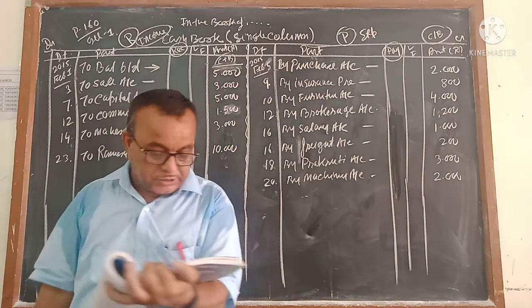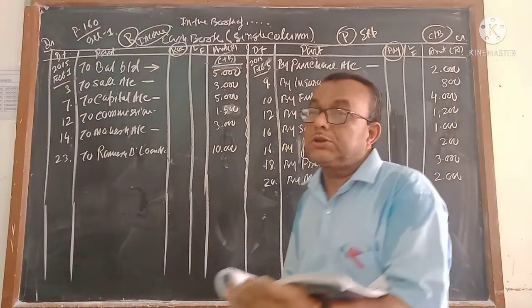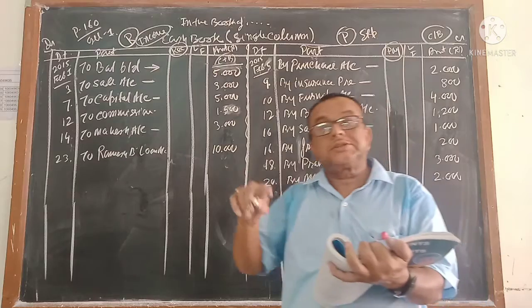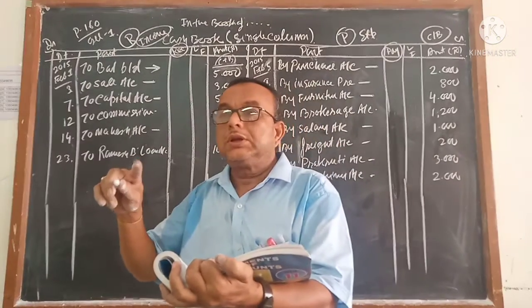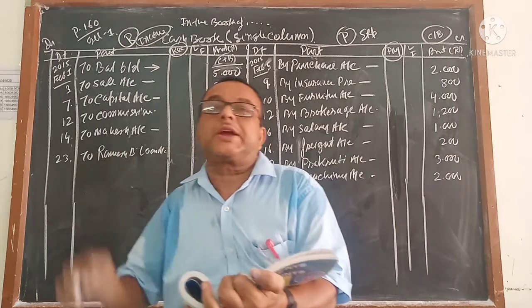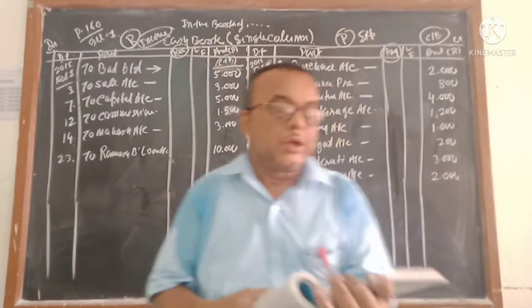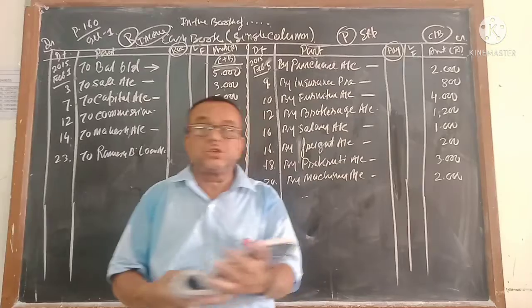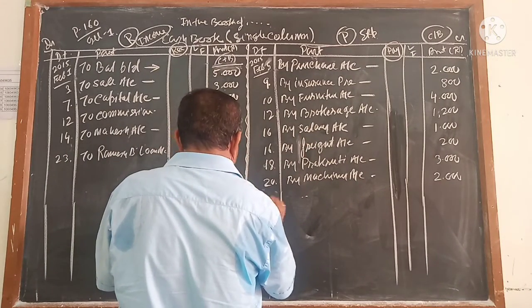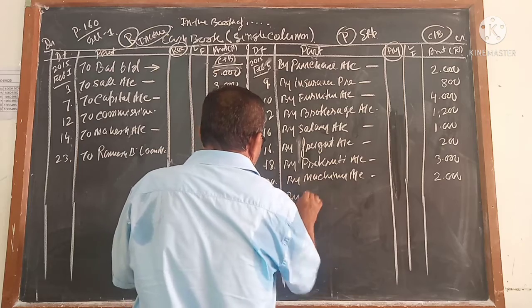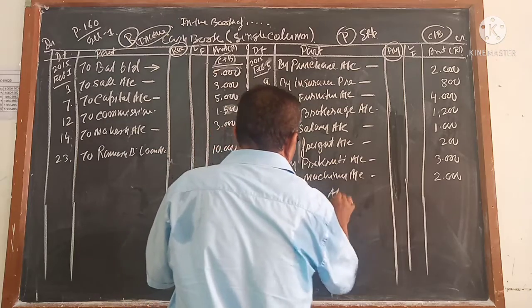Next thing, number 26, cash purchase. Cash purchase does not mean that you have purchased cash. Actually, cash purchase means you have purchased goods for cash. So, 26, by purchase account.